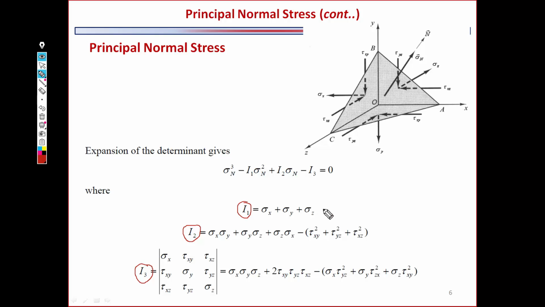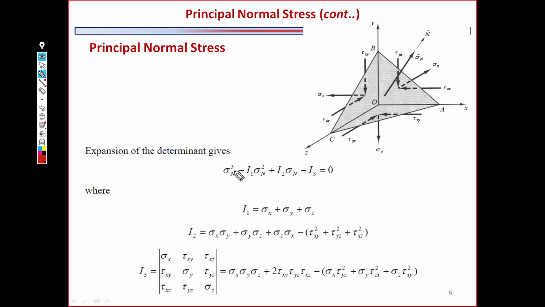This means that if in a particular case we get a value of I1 as 20, I2 as 30, and say I3 as 1500, then these values will remain constant whatever coordinate system we choose.